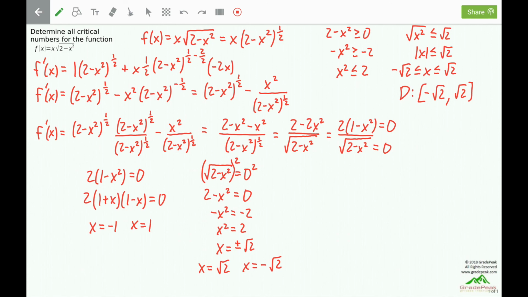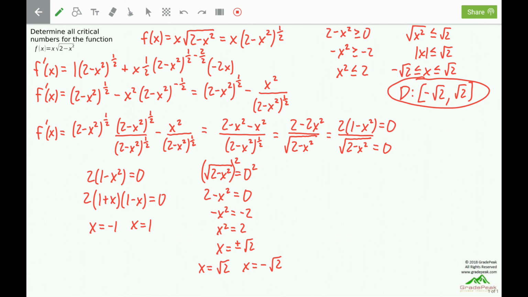Now we'll check and see which one of these are in the domain to be critical numbers, starting with the x equals negative 1. Well, the domain is negative square root of 2 to positive square root of 2. Square root of 2 is greater than 1, because the square root of 1 is 1 and the square root of 4 is 2, and it sits somewhere between. Square root of 2 is about 1.4. So the domain is negative 1.4 to positive 1.4.